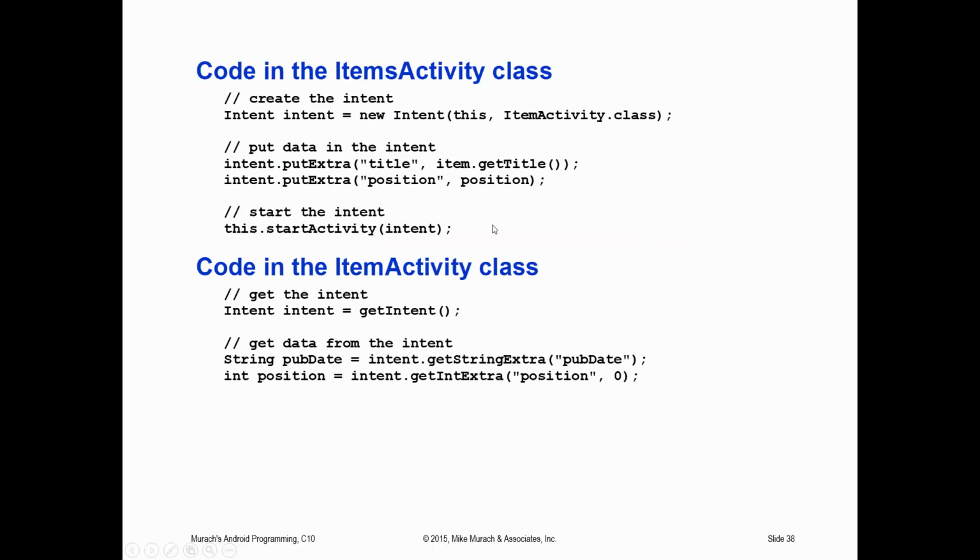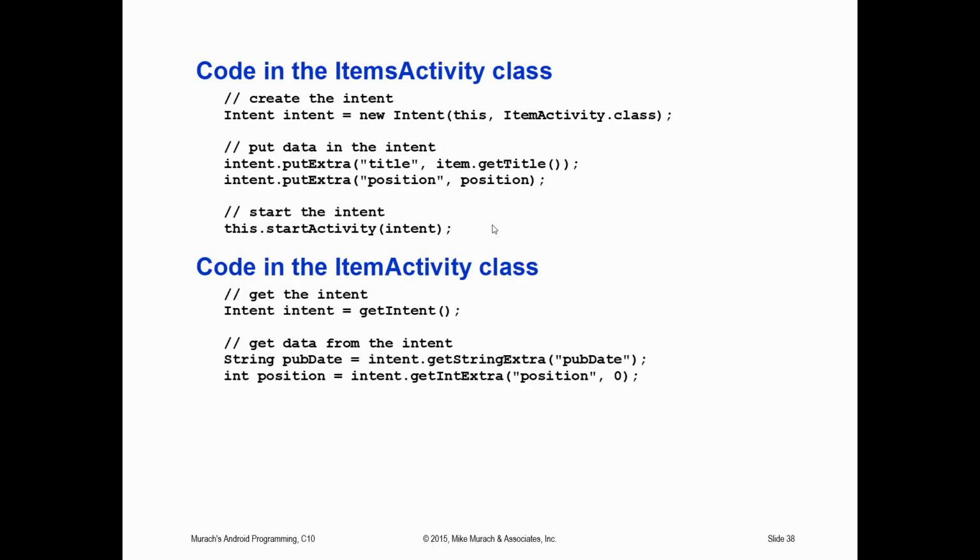Now back in chapter 8, we talked a little bit about an intent. An intent is an object that provides a description of an operation to be performed. When an intent specifies a specific component within an app, for example, an activity, then it's called an explicit intent. So it specifies a component.